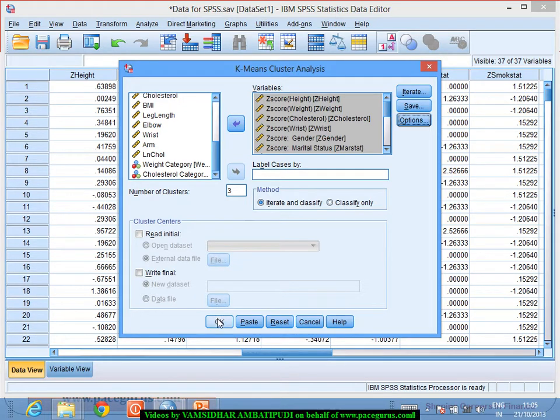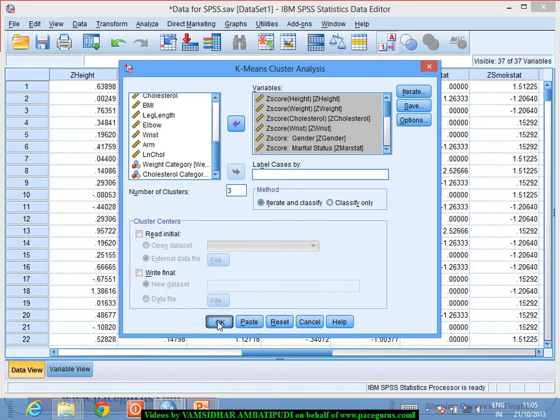Now this is where, in case we want the cluster centers to be our own, I can very well specify these things here. Otherwise, by default, it will take the cluster centers by identifying some very heavily spaced kind of observations, and based on that, it will identify the cluster centers accordingly.